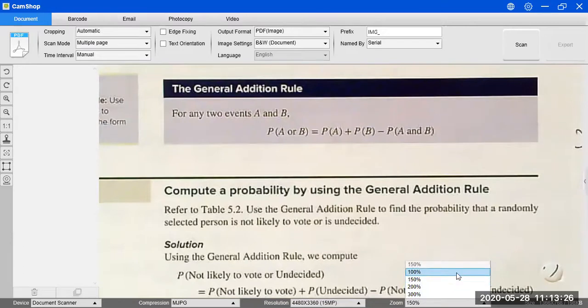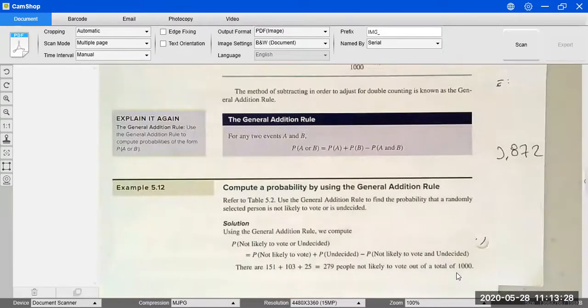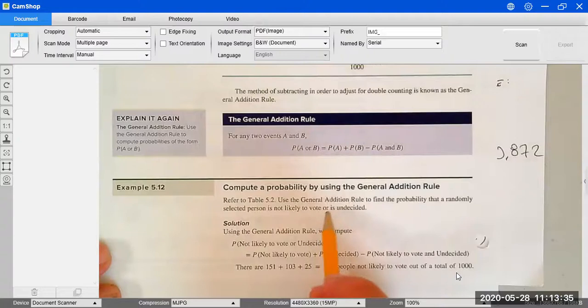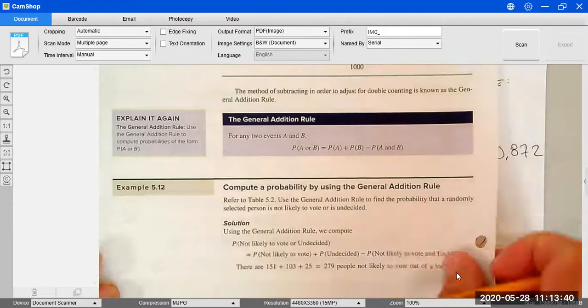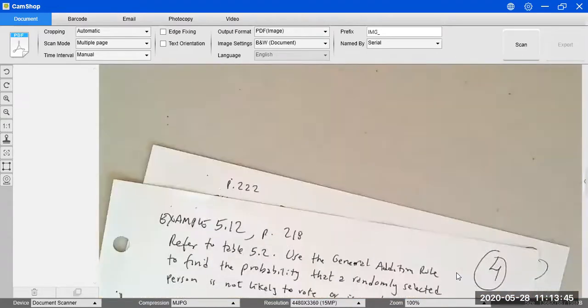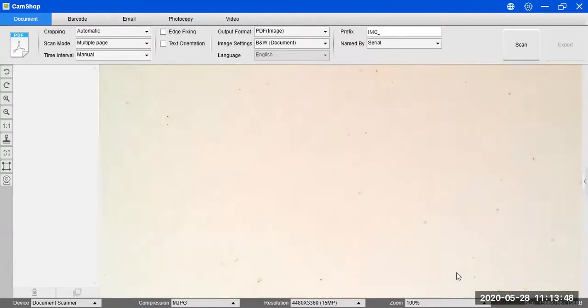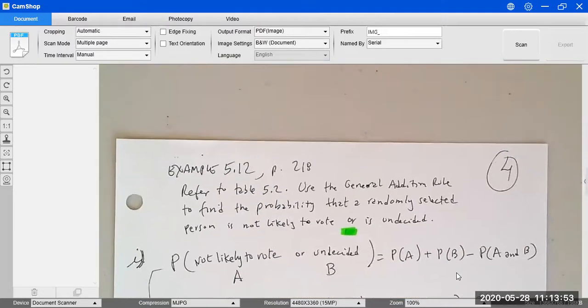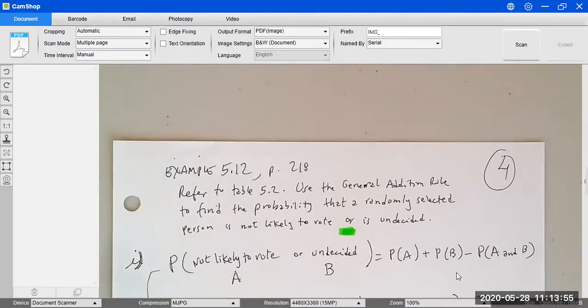Now we are interested in a person not likely to vote or undecided. So you have the or operator. Anytime that you have the or operator, it means that you're going to use the addition rule. So let's see. I just wrote the problem for our notes here, and the addition rule is written now here.